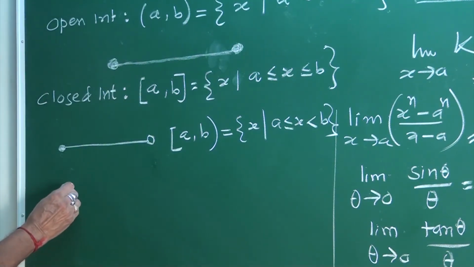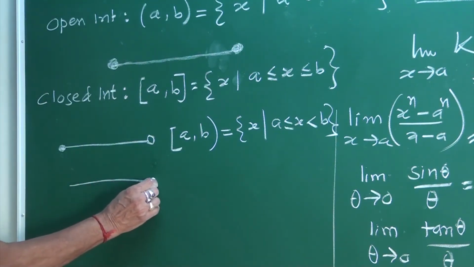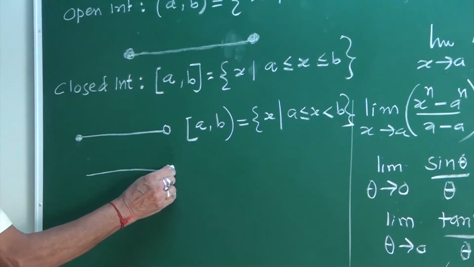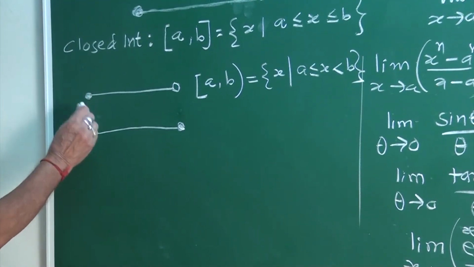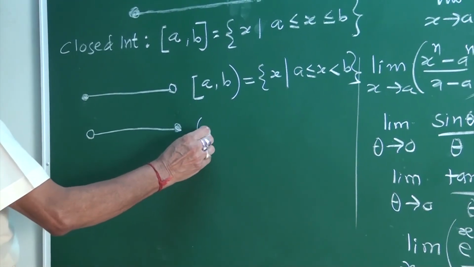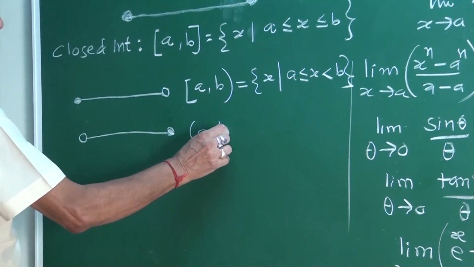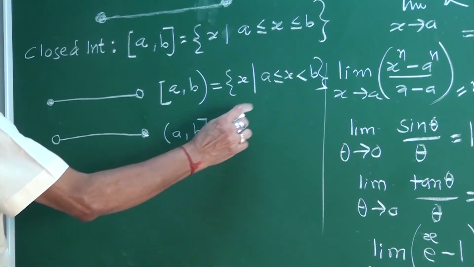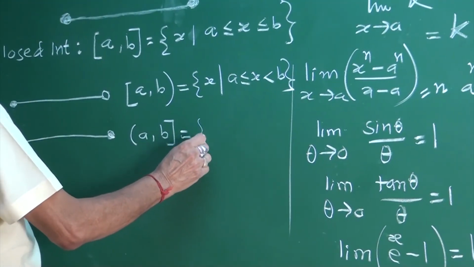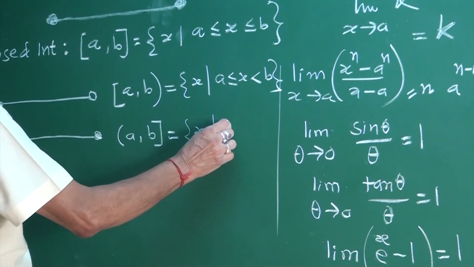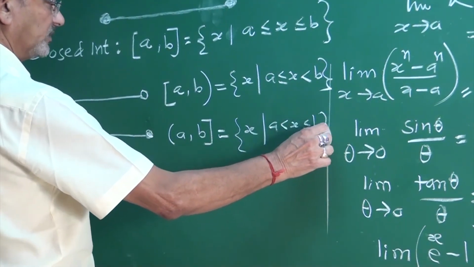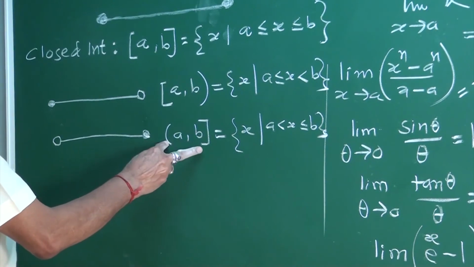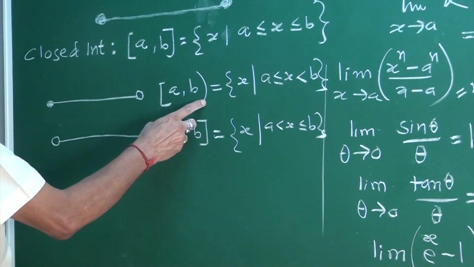Another one: this is closed and this is open. It is open at a, semi-closed at b. It is a set containing x such that a is less than x but less than or equal to b. This is semi-open, semi-closed.